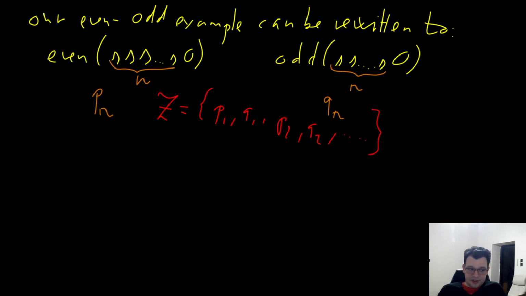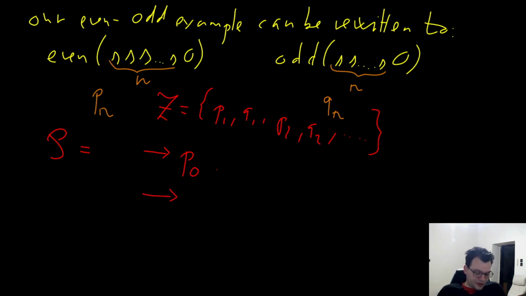It's an infinite set, and our program will be, so first there was a clause of even of 0. Even means it's P, and 0 means there is no s's, so it's just P0. Okay, this is from the even 0.